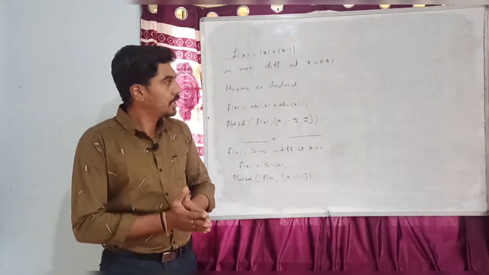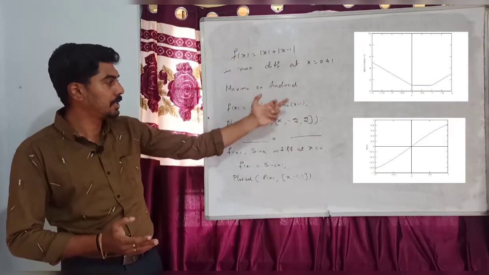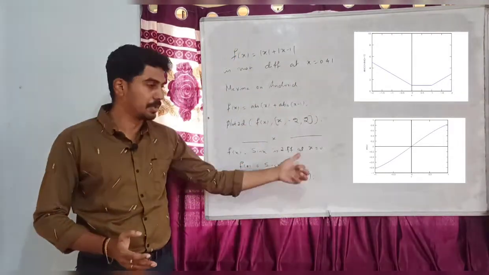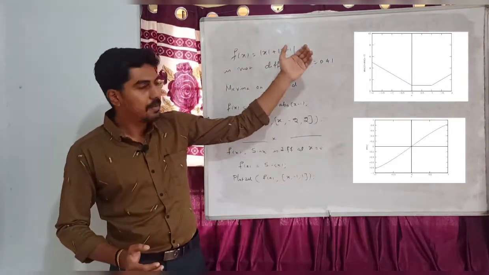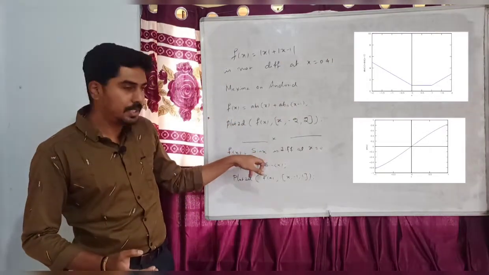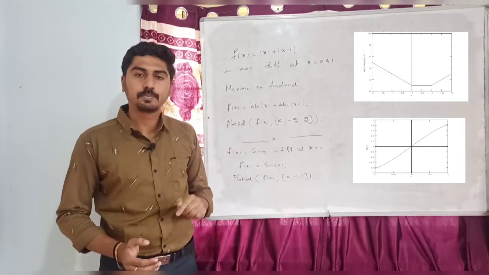Now if you look at these two graphs, the graph of this function in the interval minus 2 comma 2 and the graph of this function in the interval minus 1 comma 1, at x equal to 0 and at x equal to 1 we have a sharp edge for this graph, but for this graph at x equal to 0 it is smooth.